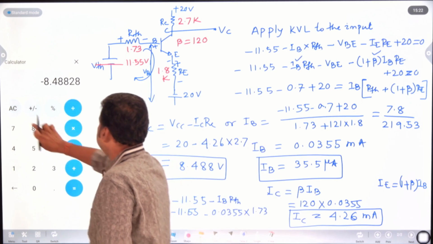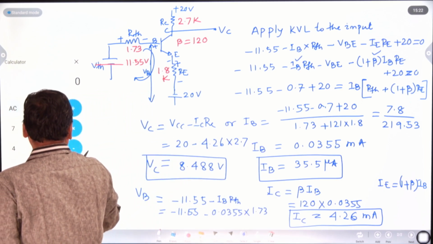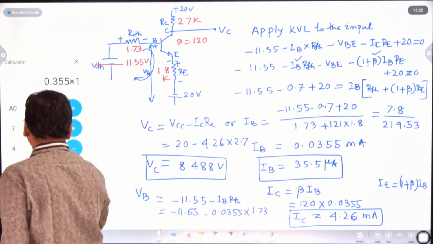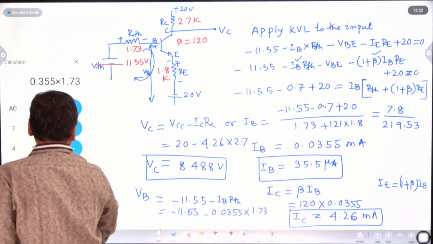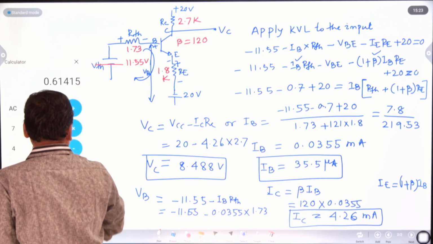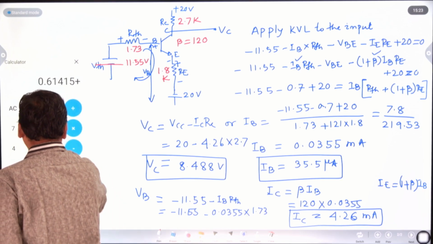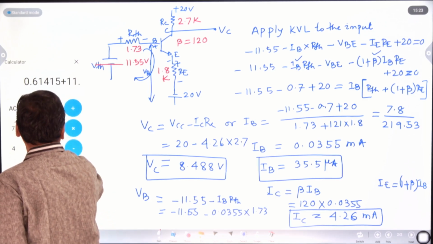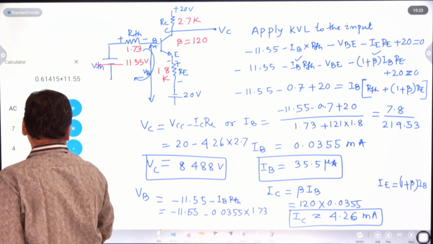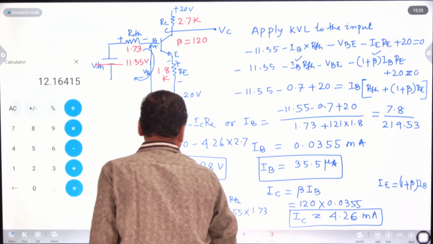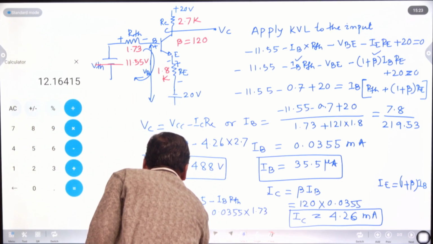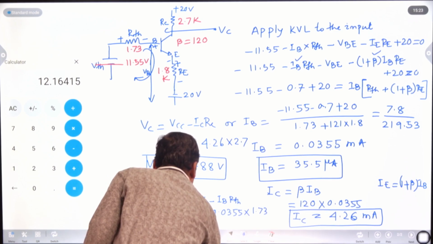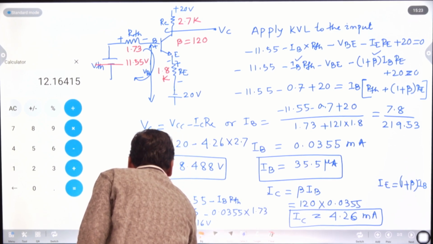The value is how much? 0.0355 into 1.73, plus 11.55. The value is around what? Both are minus sign, so minus 12.16 volt. This is nothing but your VB.